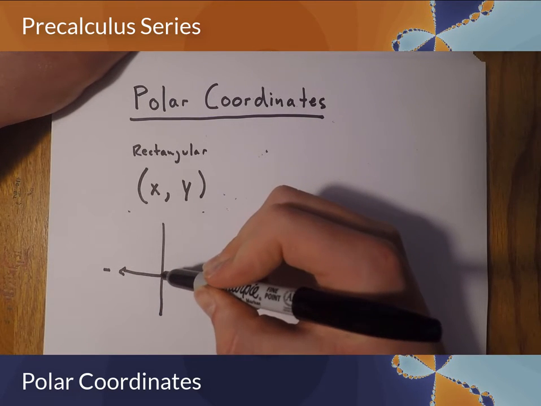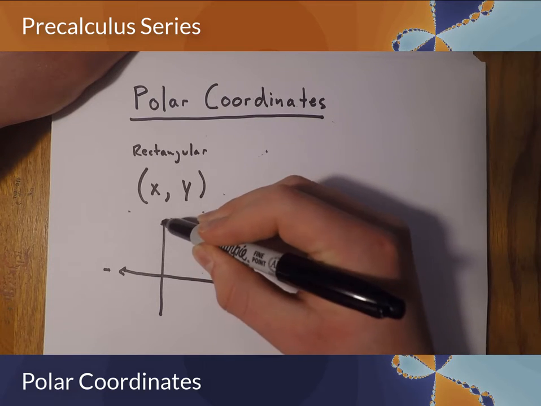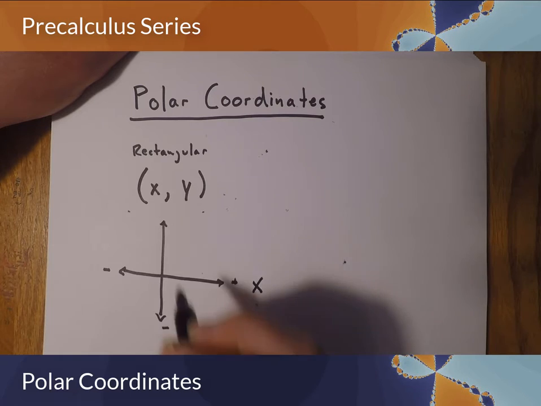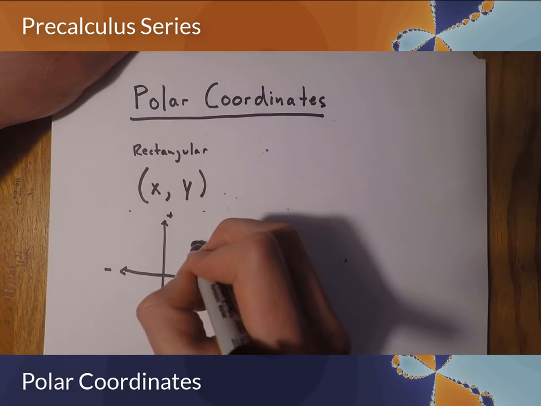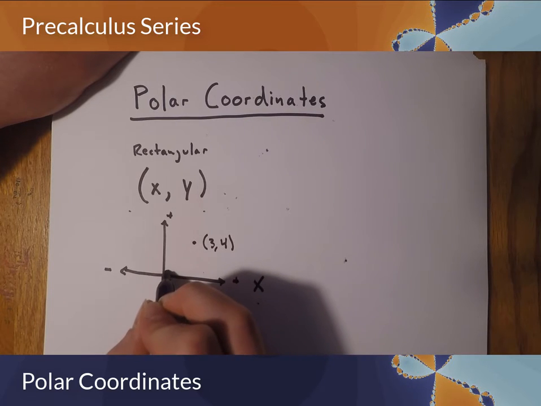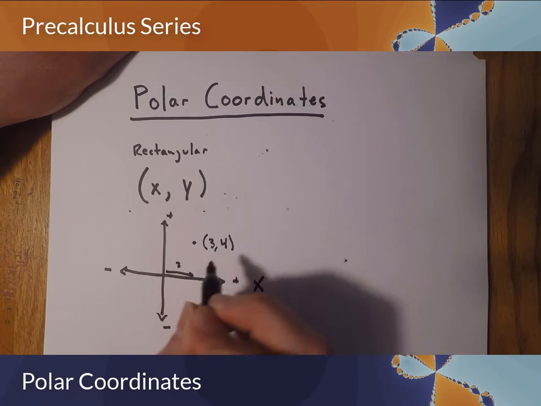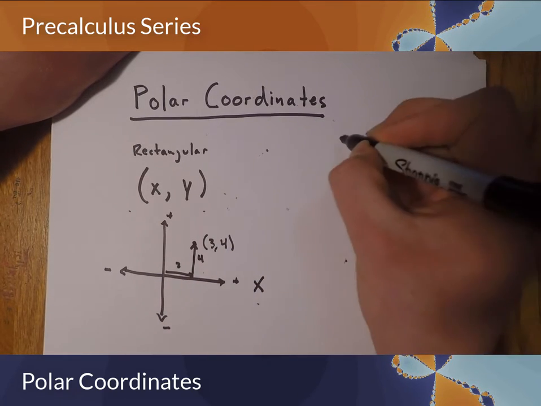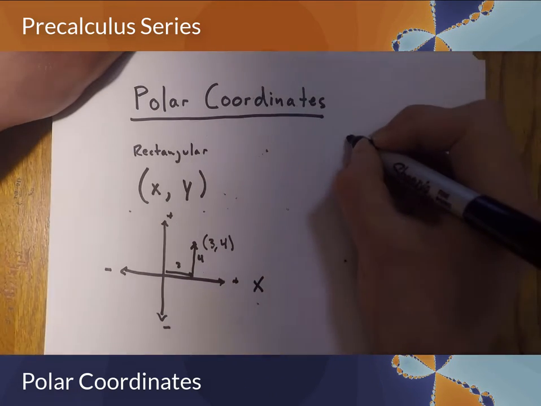Y represents how far up or down the point is on that y plane. So if I were to write 3, 4, it would mean that it was 3 to the right and 4 up. Polar coordinates are different.